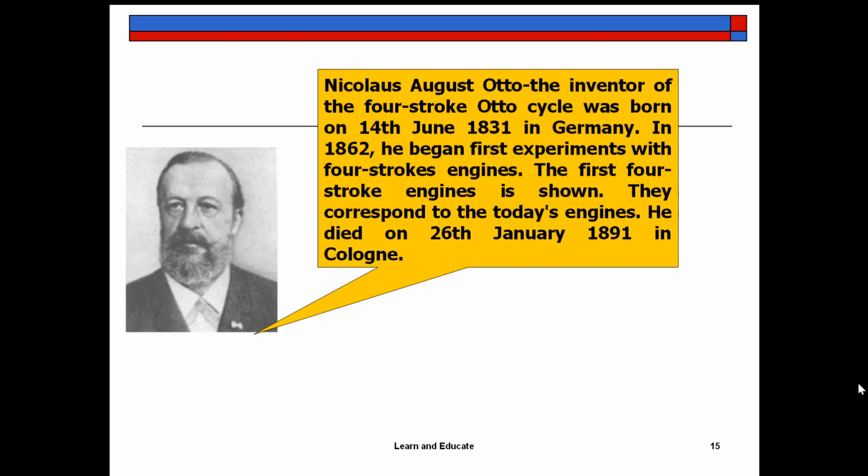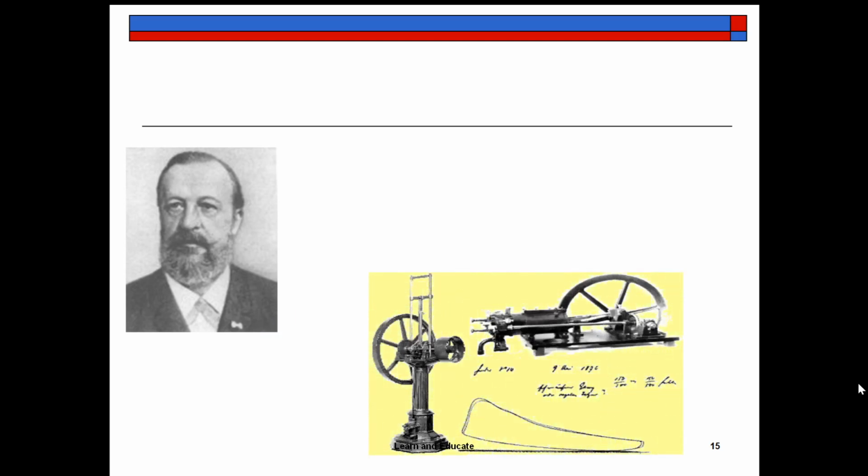He began his first experiments in 1862 with four-stroke engines. So I'll show you the first four-stroke engine of his, which corresponds to today's engines. This was his first engine, and the corresponding actual Otto cycle is also shown here. This was his first four-stroke engine he developed based on his cycle, the Otto cycle.